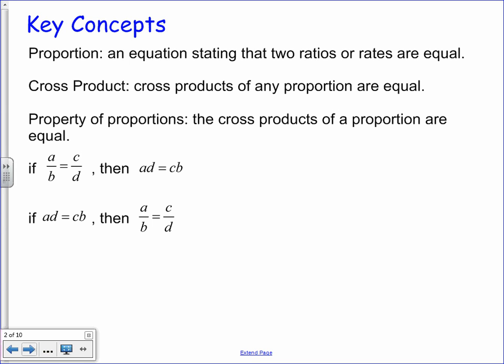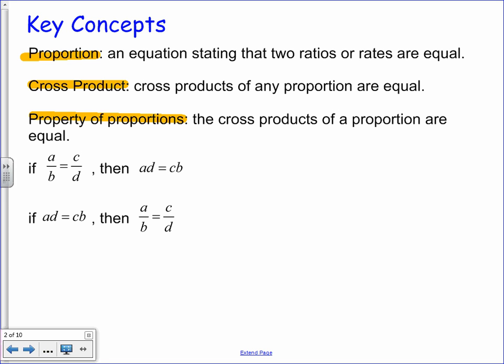First key concept is a proportion. A proportion is an equation stating that two ratios or rates are equal. The cross products of any proportion are equal. The property of proportions is that the cross products of a proportion are equal.